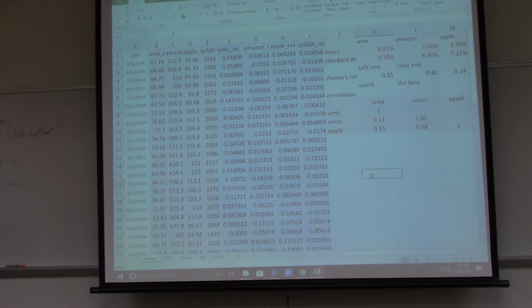Now since we're thinking 50% is Walmart, 50% in Amazon, people will ask you, okay, portfolio set up this way, 50% in Amazon, 50% in Walmart, so what is my portfolio's return? What is my portfolio's standard deviation? So we're considering 50-50.